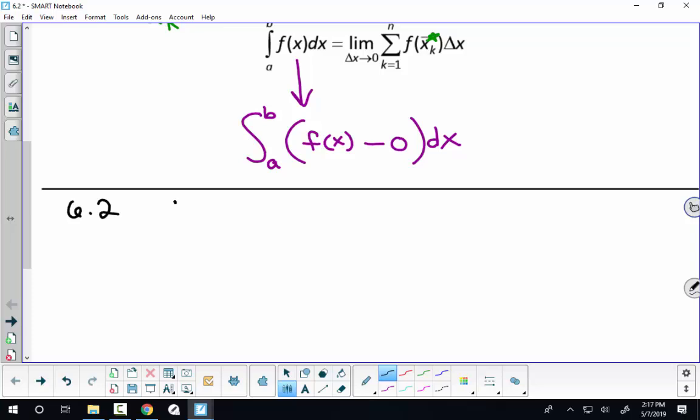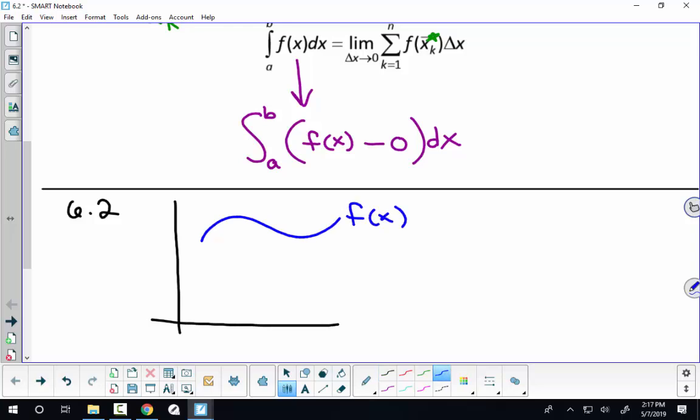In 6.2, we have a more generic region. So like we have our f of x there, and then maybe we have this other function g of x like this. And we want to know what is that area that's bound by the functions f and g from a to b.